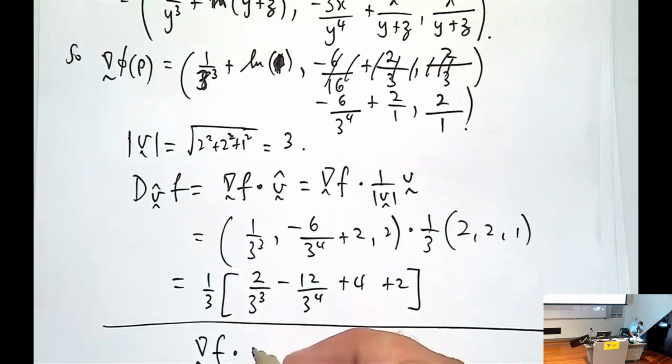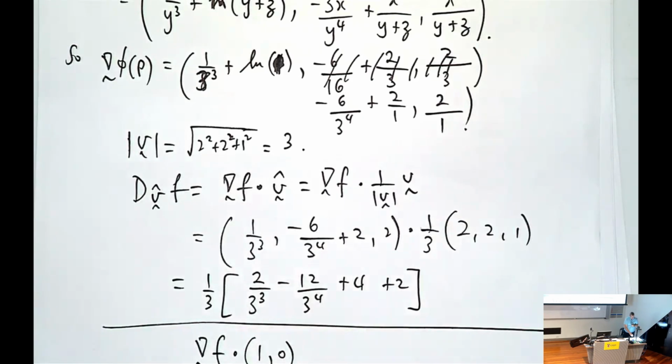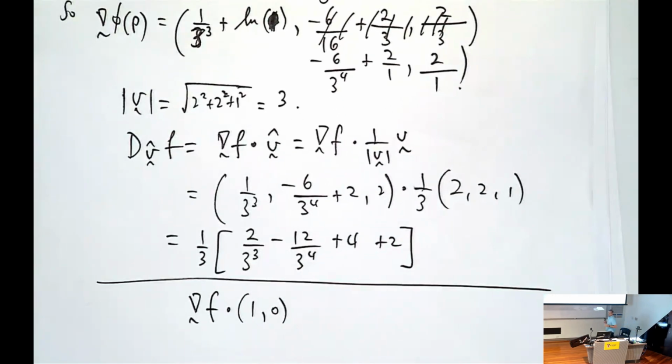Let's say I was looking at that combination. So what is this? This is the derivative of some surface in the direction of this vector, which is also unit length. Let me write this out, because I think you'll see something pretty interesting here.